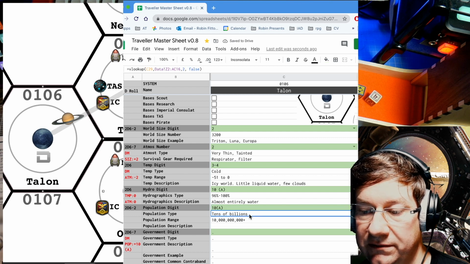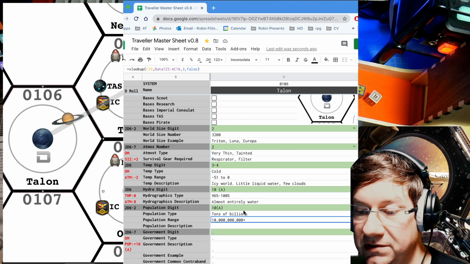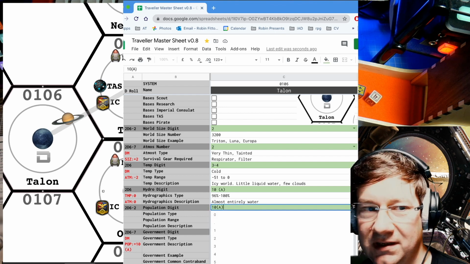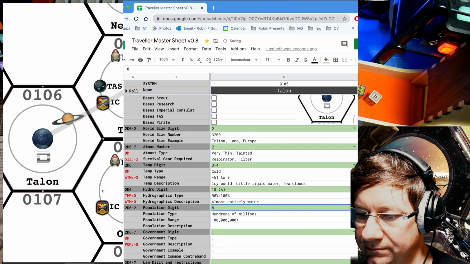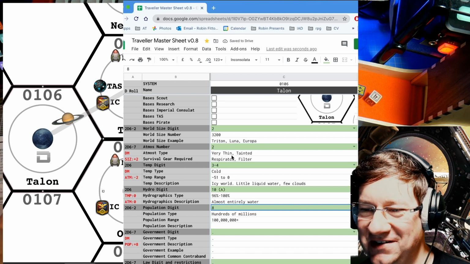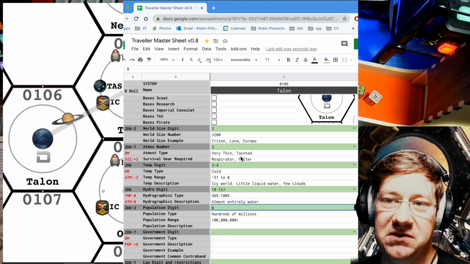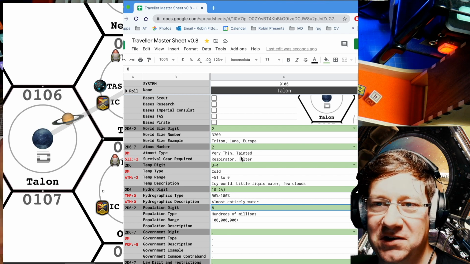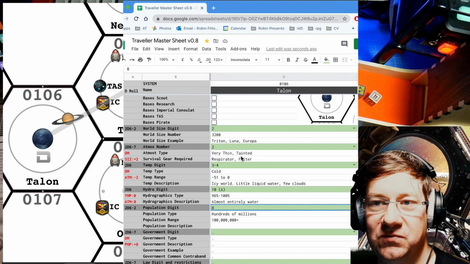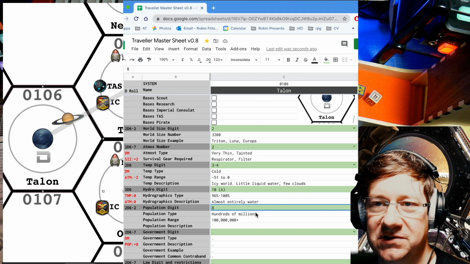So literally I have tens of billions of people here. Oh no, I rolled a 10 -2. It's an 8. Schoolboy error there. Hundreds of millions. There's still a lot of people on there, given it's a smallish rock. So there might be some sort of either a structure connected, maybe a colony ship or something that's orbiting this rock for its water, or some other kind of elements that are on there.